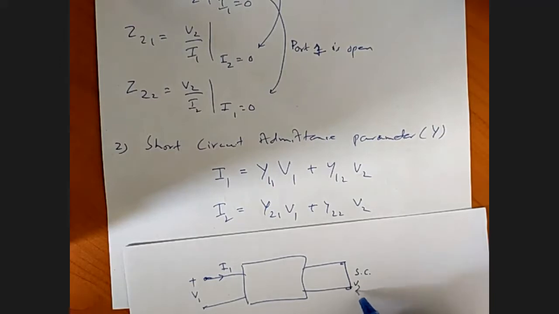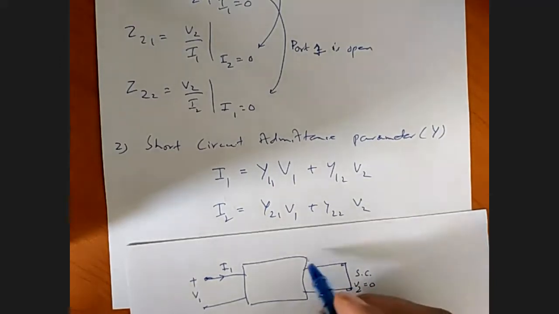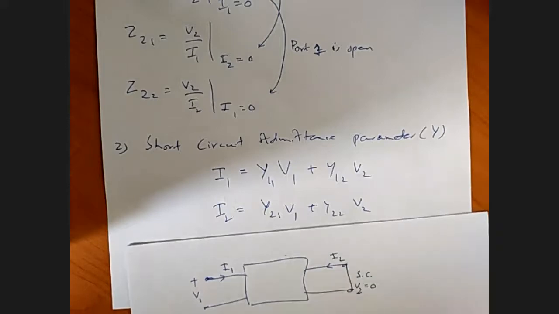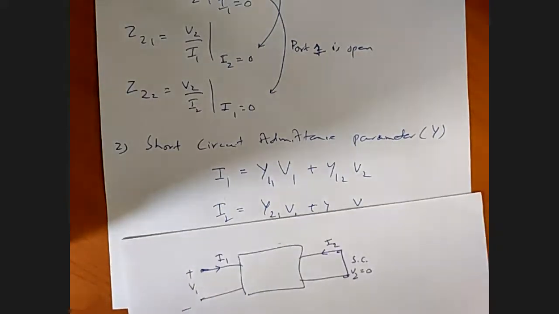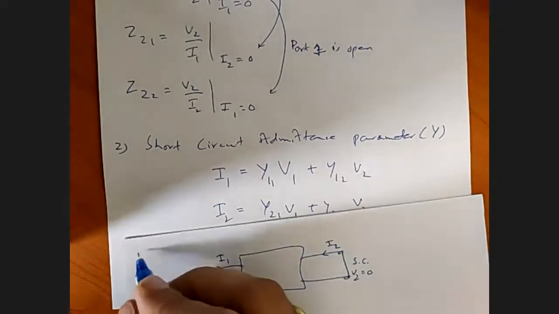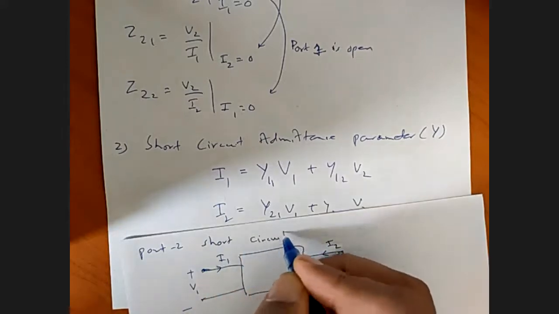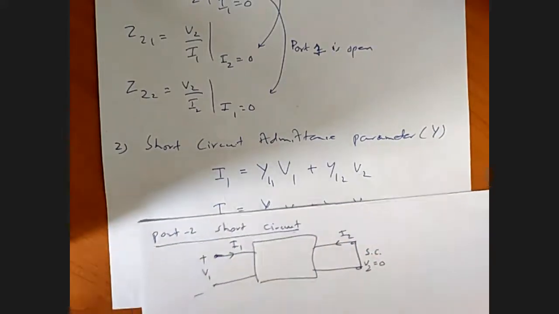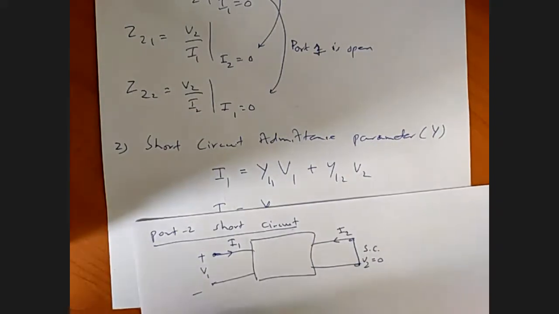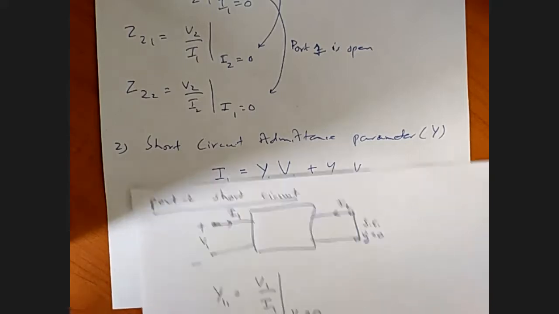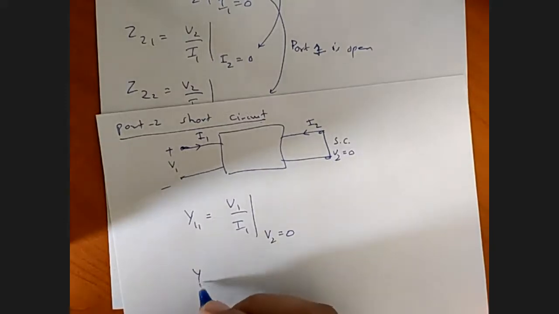When I make it short circuit, V2 will become 0, but the direction of current will remain same. I2 will be incoming. So when I make port 2 short circuit, I make V2 equal to 0. That means Y11 equal to V1 upon I1 when V2 equal to 0, and Y21 equal to V2 upon I2.